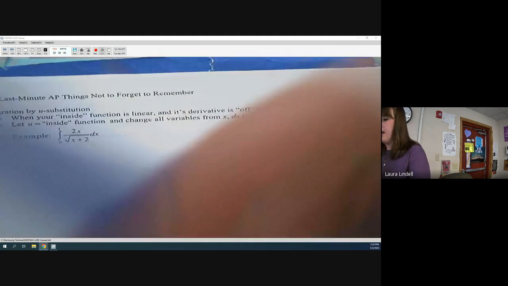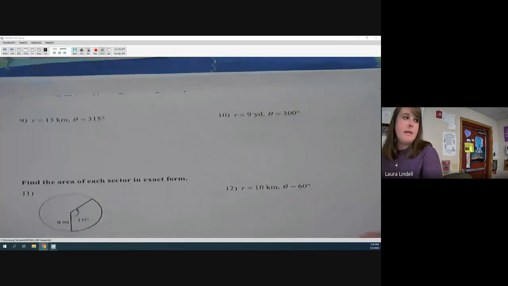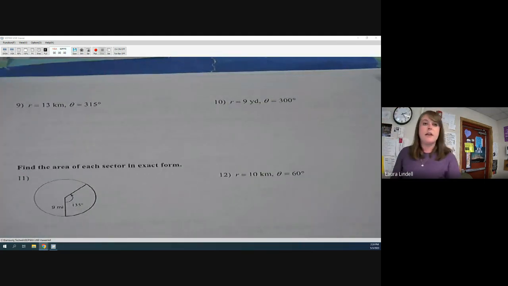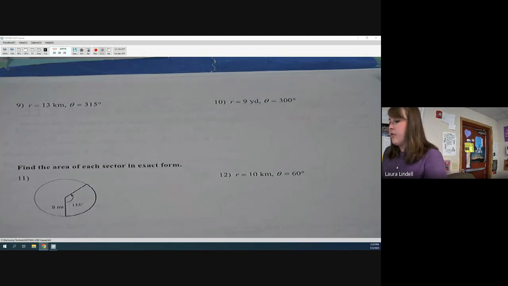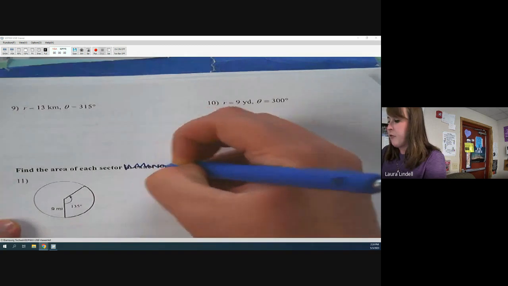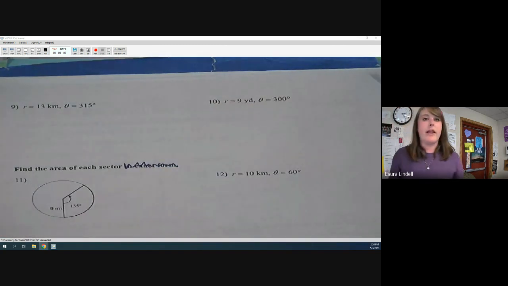On the next page, 9 and 10 have the same instructions as 7 and 8. So keep that going. 11 and 12, you can cross off exact form and keep the same instructions as 7, 8. So 7, 8, 9, 10, 11, and 12, find the area of the sector, round to the nearest tenth.